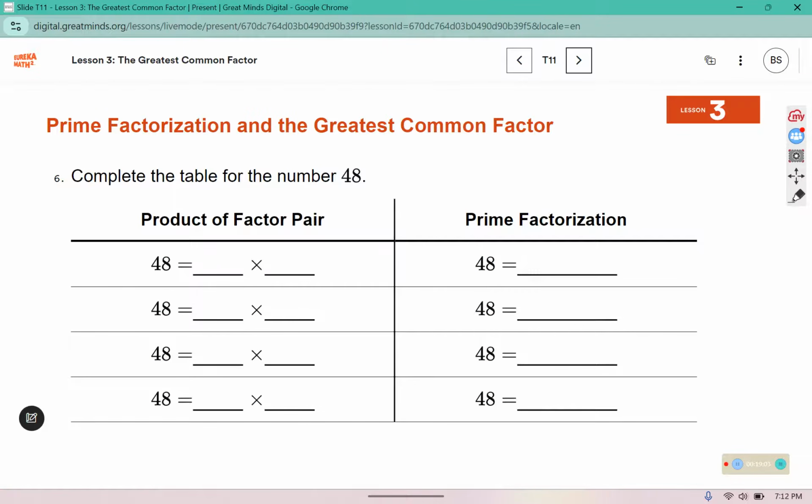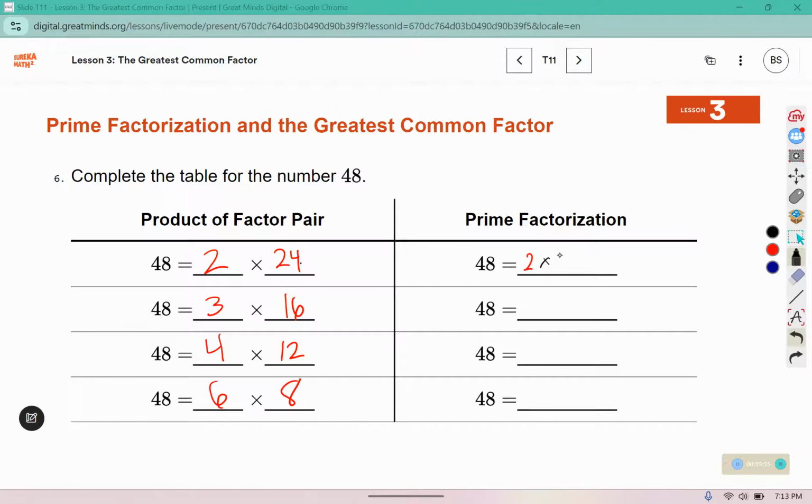For 48, we are also going to start with some given factors, but they will be composites. 2 is prime, but 24 can be split into 4 times 6. 4 can be split into 2 times 2. And 6 can be split into 2 times 3.